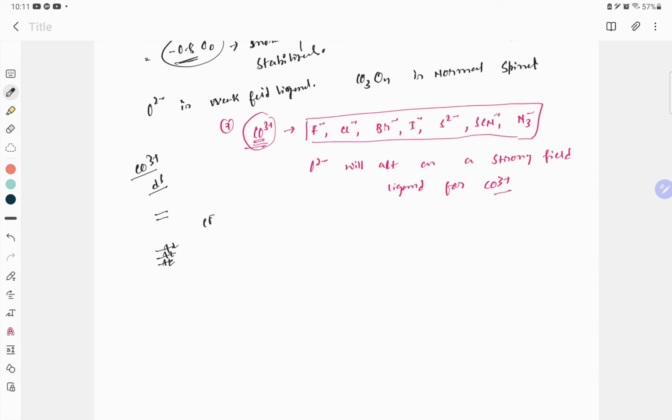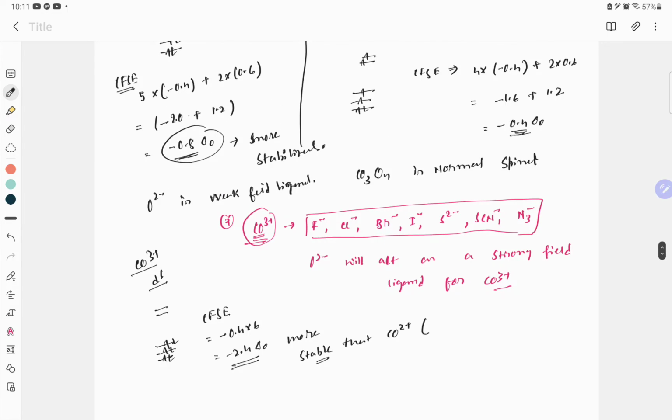So the CFSE is minus 0.4 into 6, that is minus 2.4, so more stable than Co2 plus, which has lower CFSE.